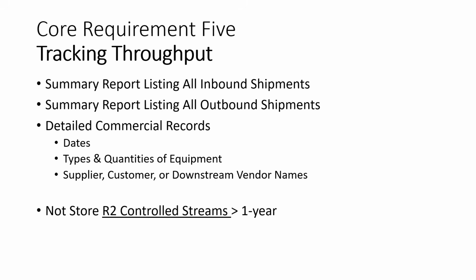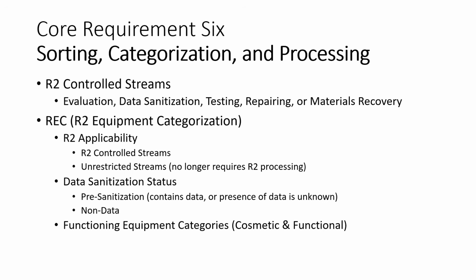This will also include the requirement to not store R2 controlled streams for greater than 1 year. R2 controlled streams we will discuss in the next slide. Boom. Next slide. Core requirement 6, sorting, categorization, and processing.